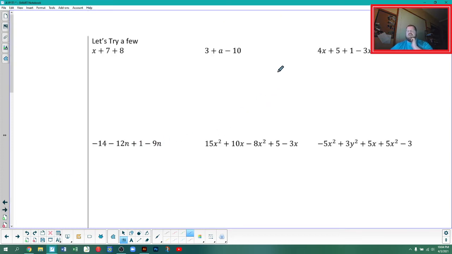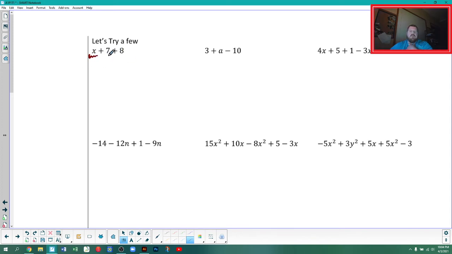So we've got some examples. The first thing that I do in a lot of these is I go through and use different styles of underlining, and I'll leave it up to you how you want to underline them. But just to go through once and pick out all my common terms. So I'm looking at this first one, and I notice that I have x's and I have numbers.